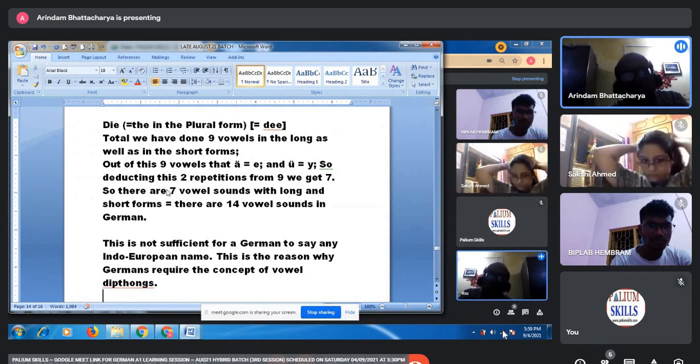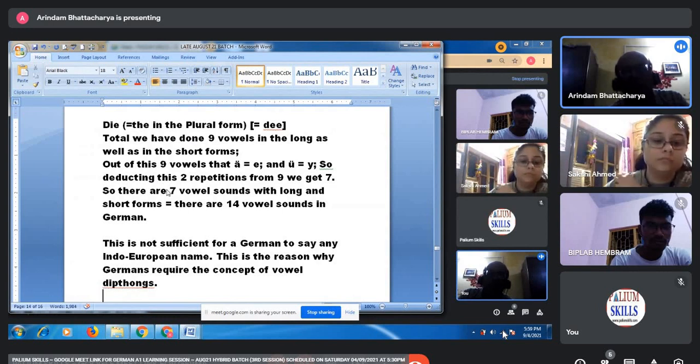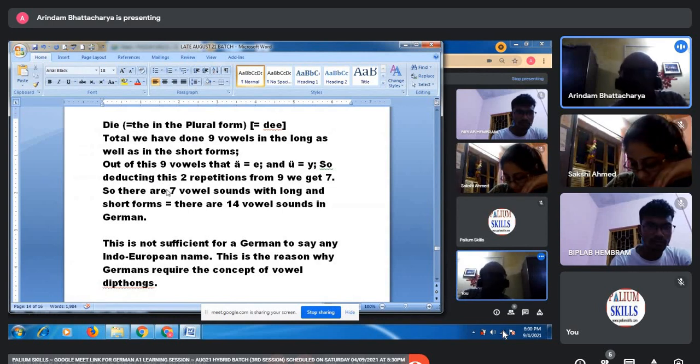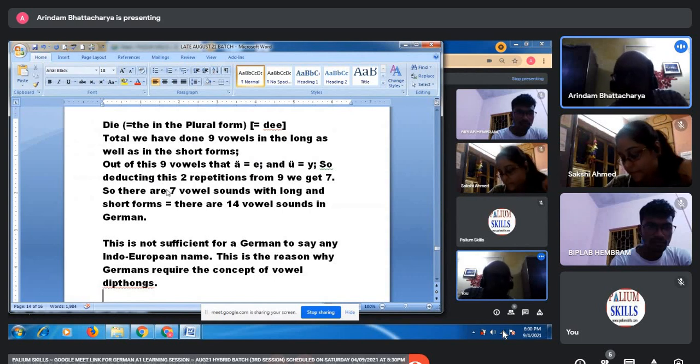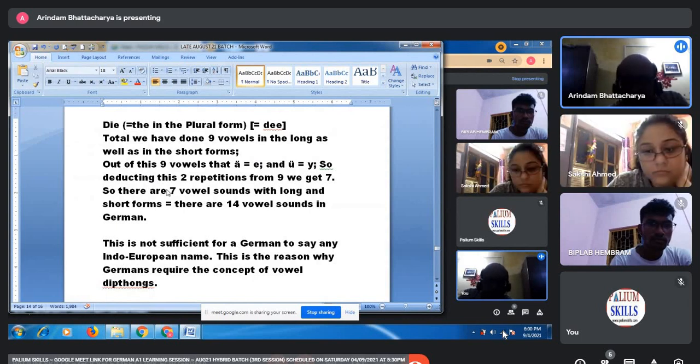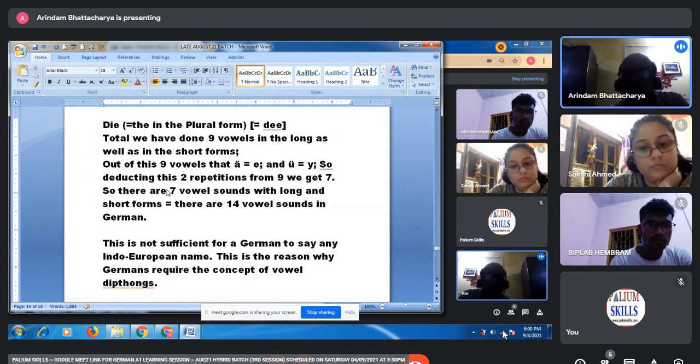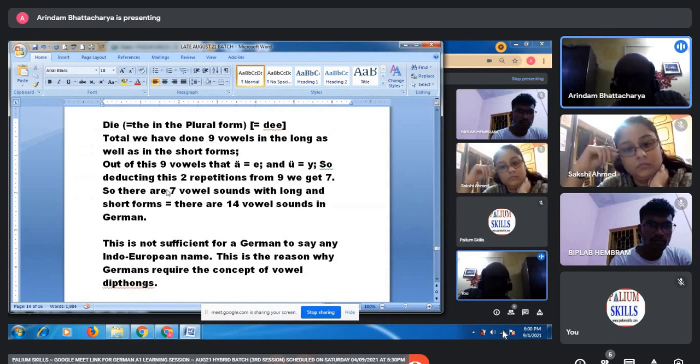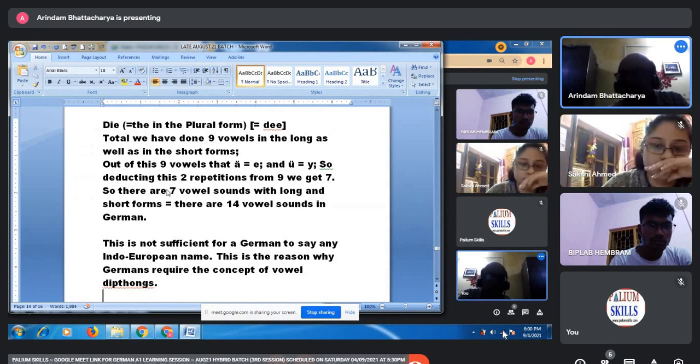So this is the reason why Germans require the concept of vowel diphthongs, at least to utter the names in other languages. The Germans require more vowels, and so they apply the concept of diphthongs in the vowels too.